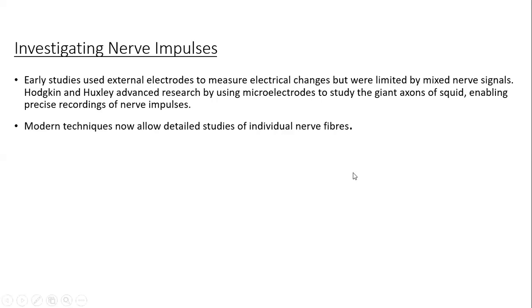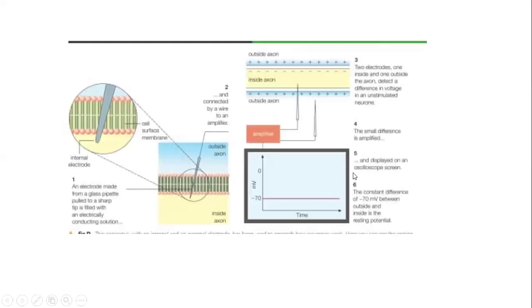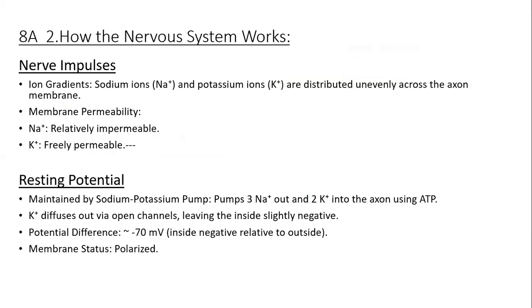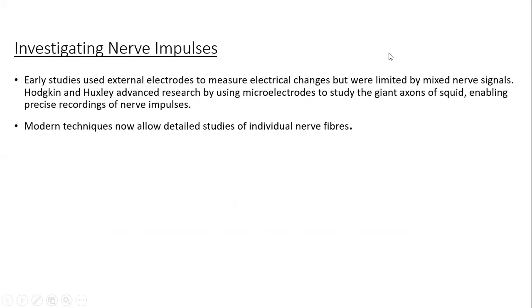Now, what is the experiment that they have given here? Electrodes. Okay, they didn't give many techniques about the investigation of nerve impulses, but I will tell you something about it.